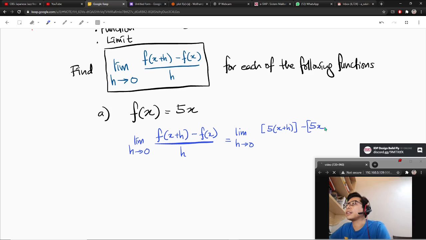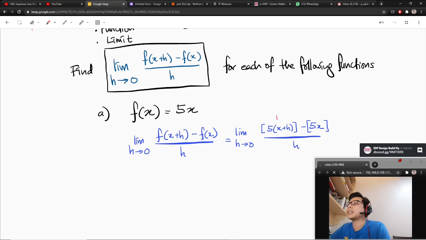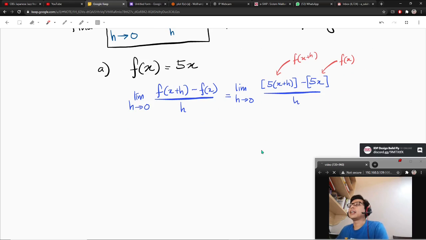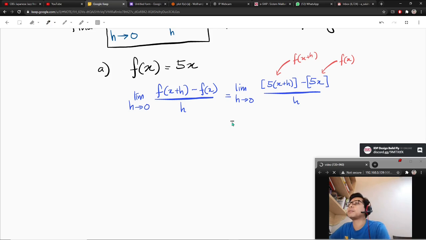Alright, so this is the second one, divided by h. For those of you who don't really understand what I'm doing, basically this is f(x + h), and here this is f(x). Now remember what we did last Thursday. Whenever we see this, let's try to expand it to make it clearer.